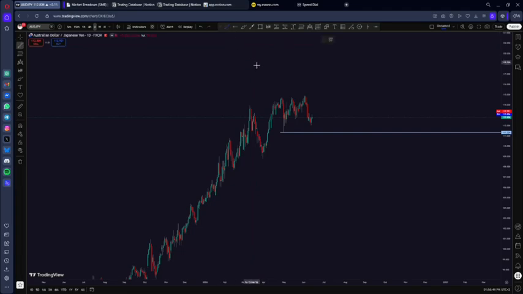I can already see that we also have a structure in which the market didn't come back to tag that value area over there. However, this is a daily structure, by the way.